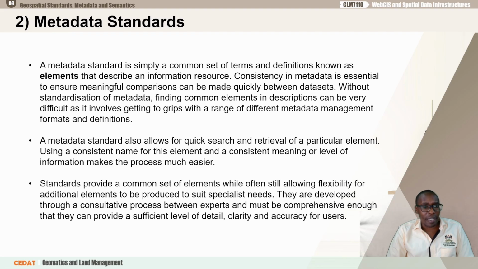So a metadata standard allows for quick search and retrieval for a particular element, or a particular tag, if you could call it that, using a consistent name for the element and a consistent meaning or level of information.